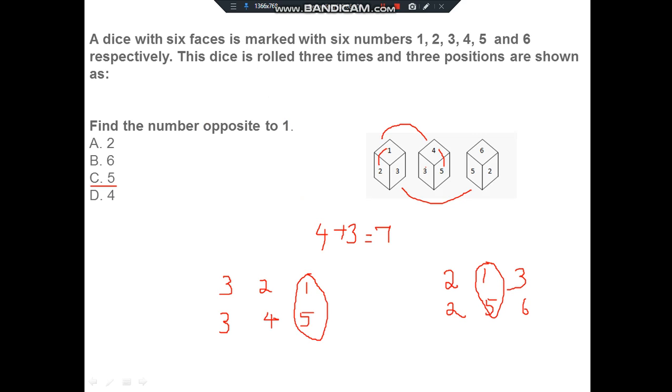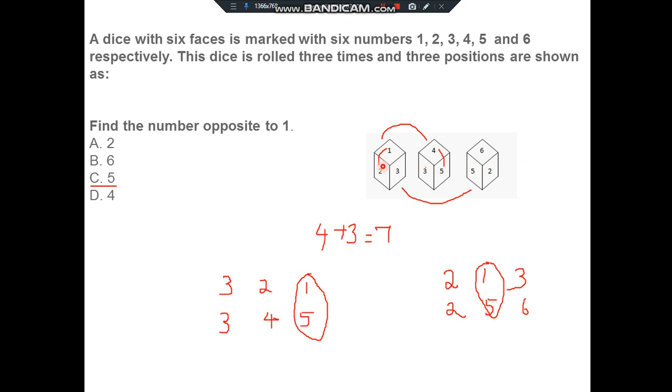Next question. A dice with 6 faces is given, 1 to 6. This dice is rolled 3 times and 3 positions are shown. Find the number opposite to 1. First check whether it is general dice or not. In the first position we cannot check, but in the second position, 4 plus 3 is 7. So you must use the general dice concept. In this type, you can choose any 2 dice positions to solve this problem.